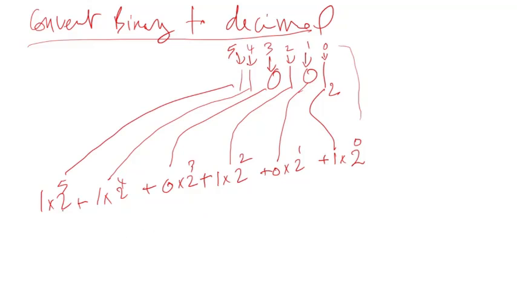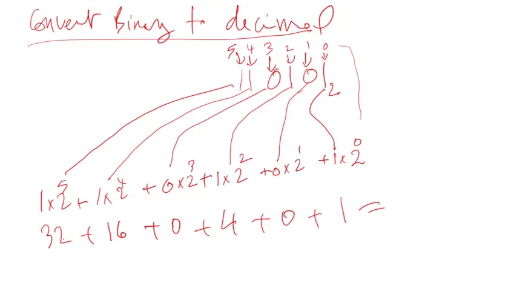1 times 2 to the power of 5 is 32, plus 1 times 2 to the power of 4 is 16. 0 is just 0, plus 1 times 2 to the power of 2 is 4, plus 0 times 2 is 0, plus 1 times 2 to the power of 0 is just 1.